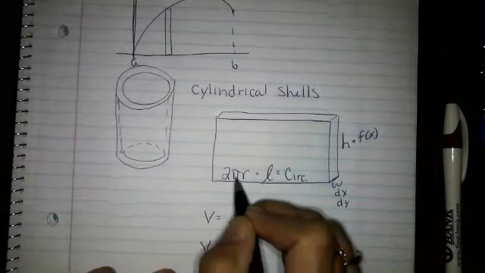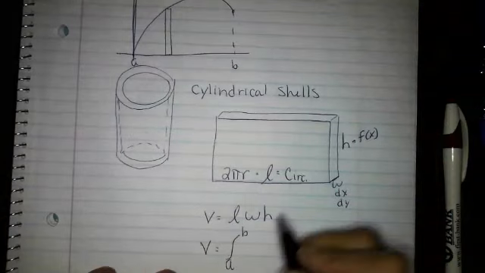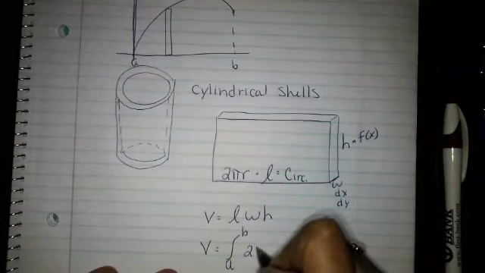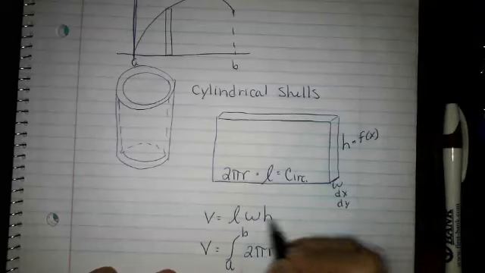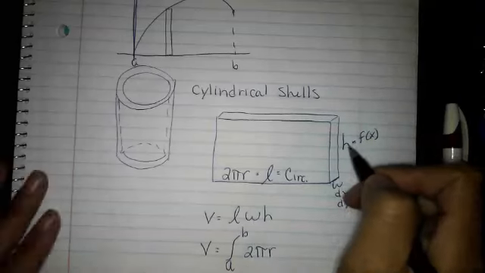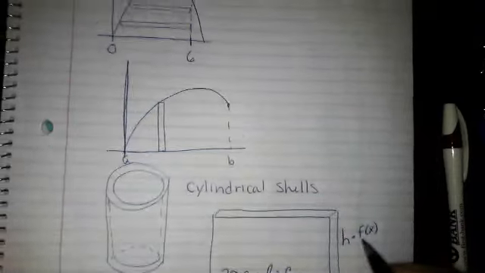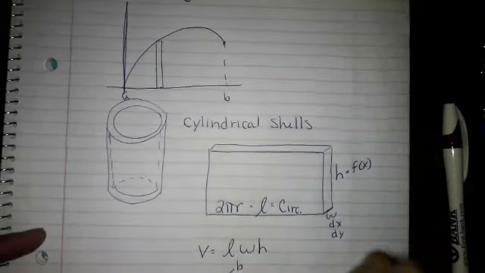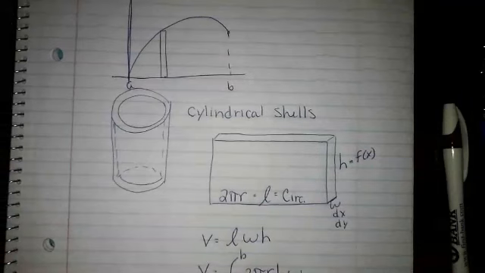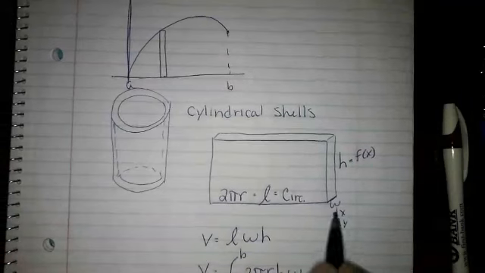Our length is the circumference of the circle, 2 pi r. I'm going to go like this, 2 pi r h w. And we're going to talk about what the radius, what the height, and what the width are. I already talked about the width.